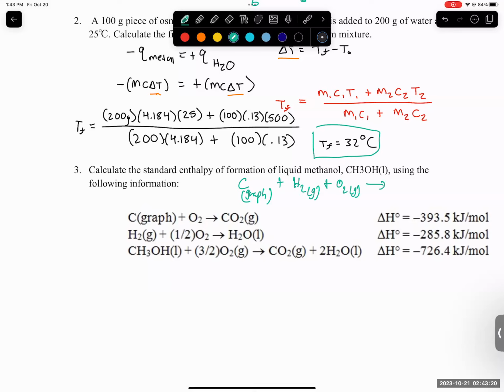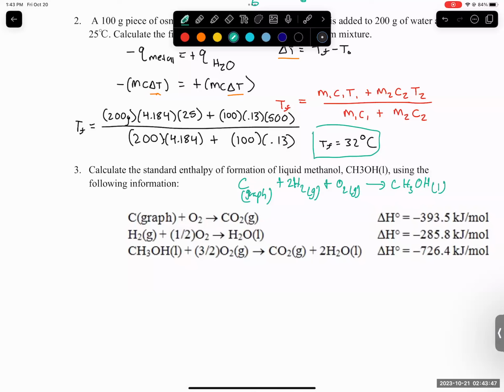Then we're gonna form CH3OH liquid. Only one of these. All right. If there's one of these, let's balance out our equation. So we're gonna put a 2 in front of the hydrogen, because that makes the hydrogens equal. Carbons are already balanced, 1 and 1 apiece. And then what coefficient do we put in front of the oxygen?